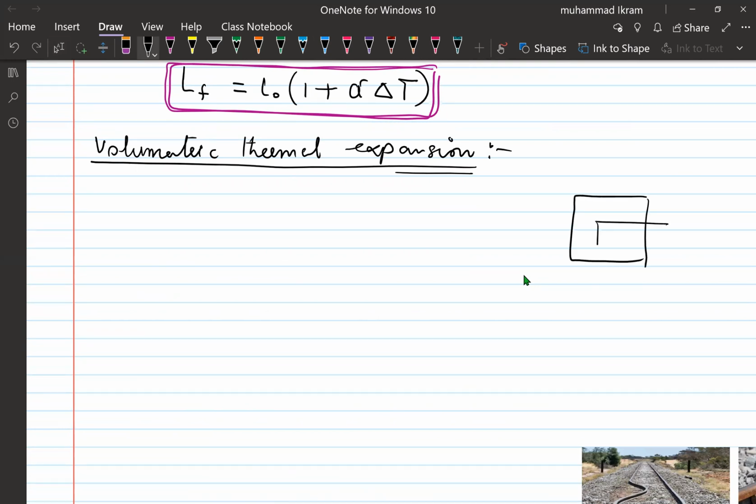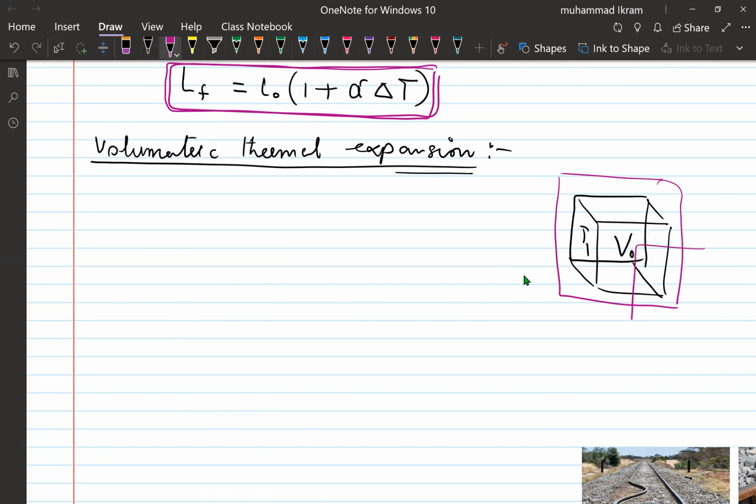For example, say the original volume of an object is V naught. After heating or increasing its temperature from T1 to T2, there is definitely an increase in the size of the object. Look, the new volume would be this one. So here you see that the volume is increased and the rest of the equation is the same.